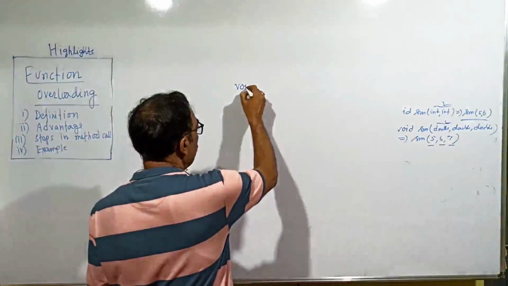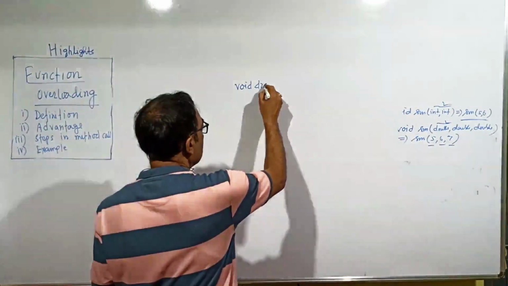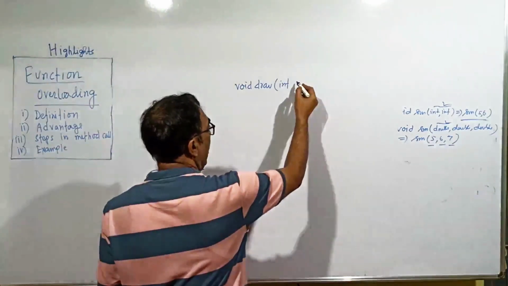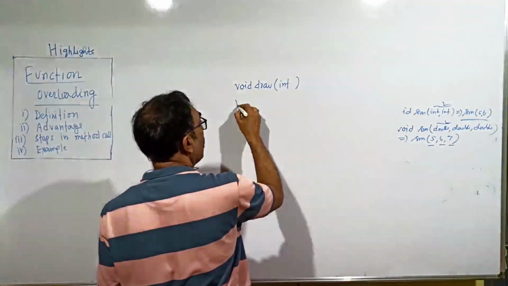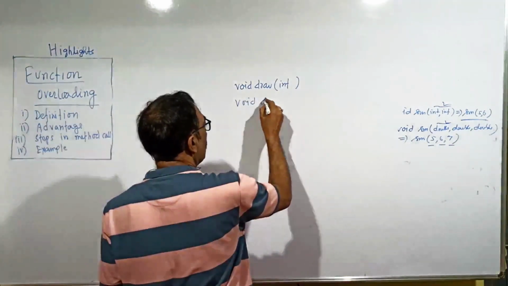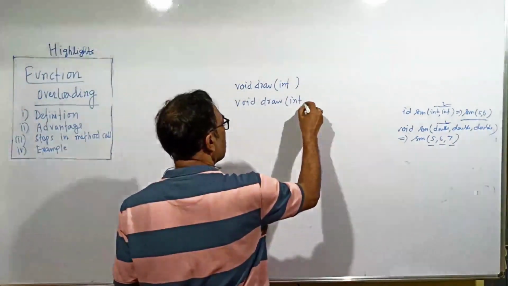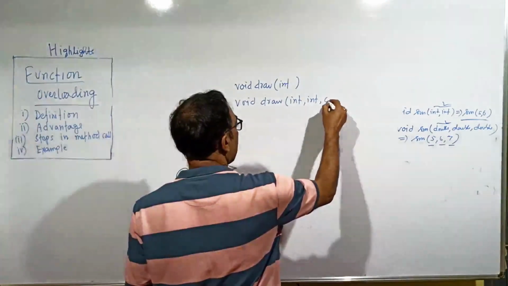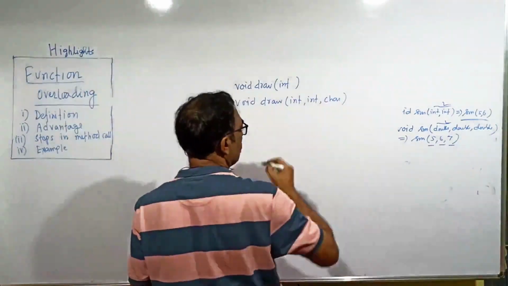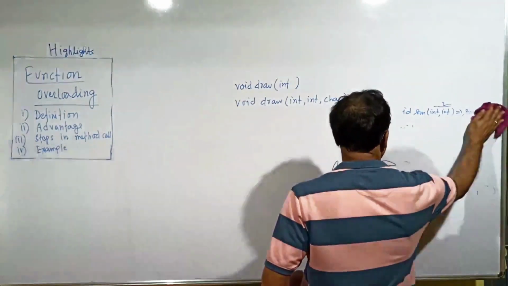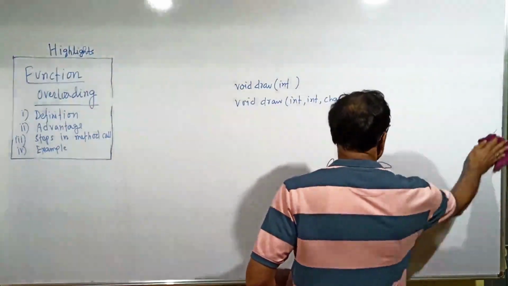So we have got void draw, a method which has got int, and we have got void draw with int and char.